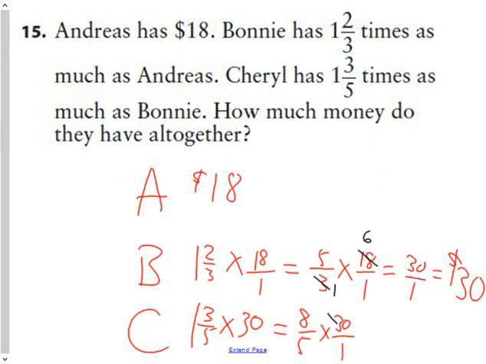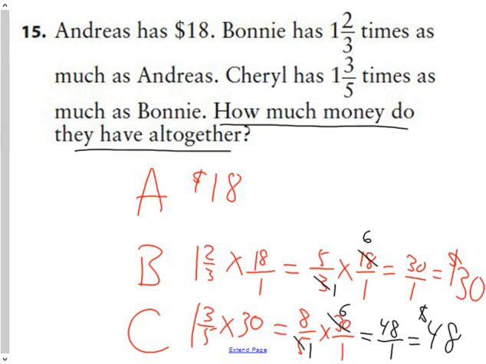I'm going to cross reduce because I can. 30 over 5 will become 6 over 1, which means I'll have 48 when I multiply my numerators over 1, which is $48. Now remember, the question is, how much money do they all have together? So your answer will be $18 plus $30 plus $48, which will be $48 there plus another 48. The answer is $96 is what they have together.